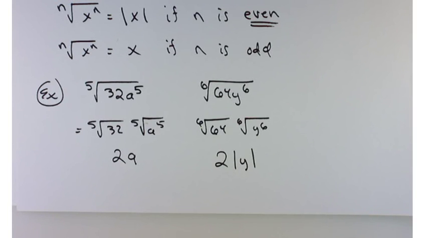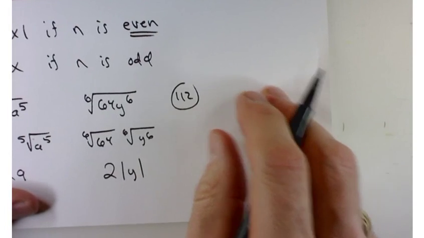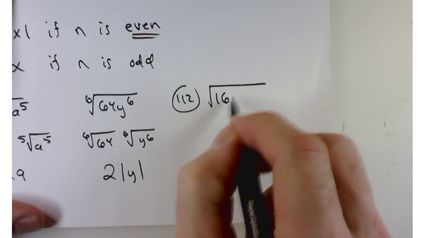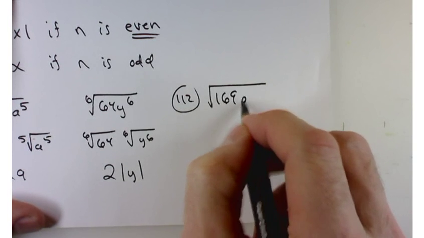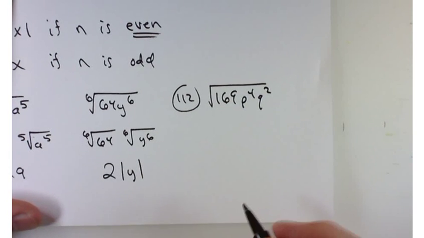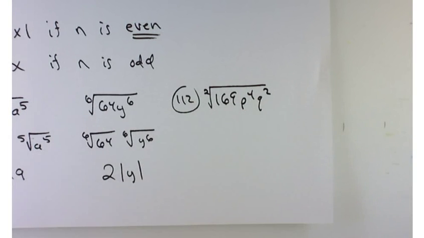Let's do maybe one last one like that. Problem number 112. Square root of 169, p to the fourth, q squared. Like I said, it's not really often written, but it's understood that there's a 2 out in front.